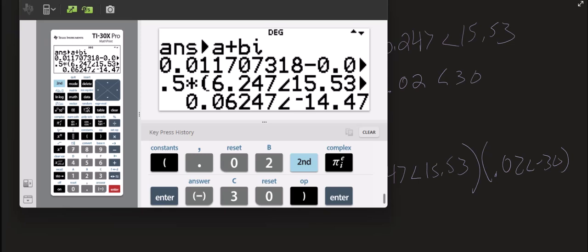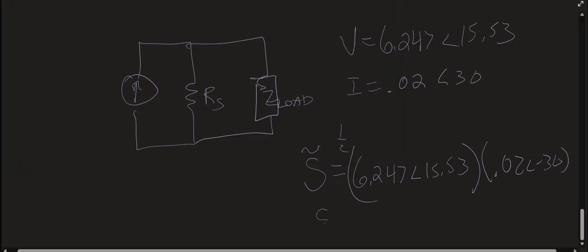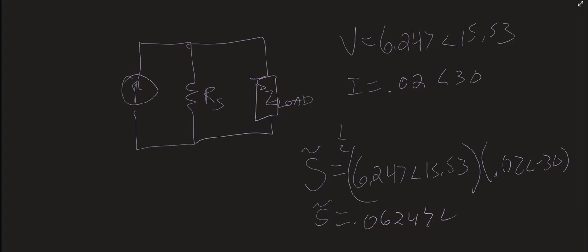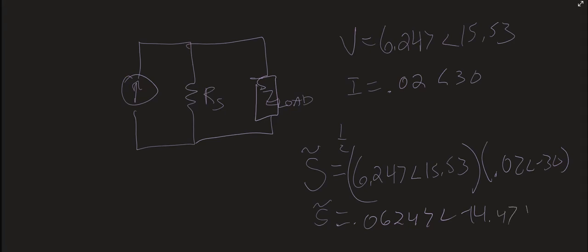So my complex power is 0.06247 angle negative 14.47 VA, but they just asked for my apparent power, which is 0.06247. And I don't find it any easier to find this power by using any of the other formulas than just using this one.